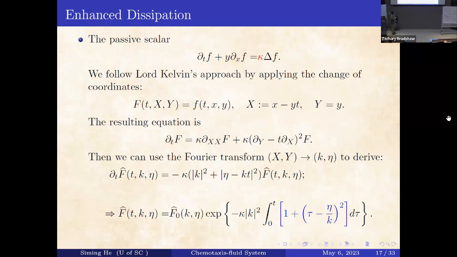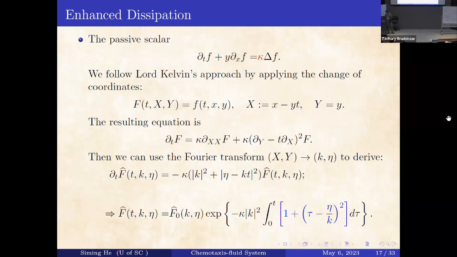First of all, according to Lord Kelvin, let's do a change of variable here. Capital X is x minus yt. Basically, it's the flow map of this Couette flow, so you move back to the label map. Capital Y is y.